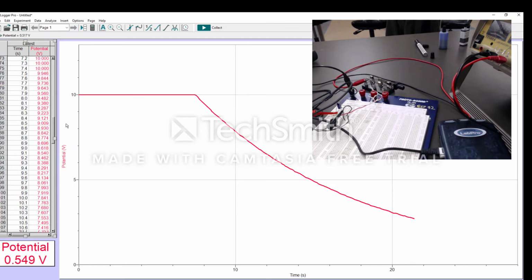So record that time: 7.4 seconds, that's one of your data points. That's your start time. Your stop time is when it hits 3.7 volts, and that looks like it happened at about 18 seconds. So the difference between 18 seconds and 7.4 seconds is the time you're interested in.